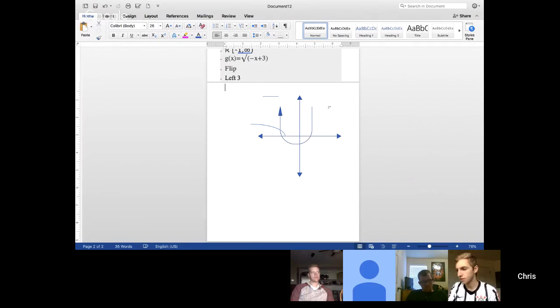Because it's a negative square root, I think that it's mirrored over the x-axis. So we had it facing the right direction. It just needs to be like, because you have your negative on the outside of the square root, right? Yeah.